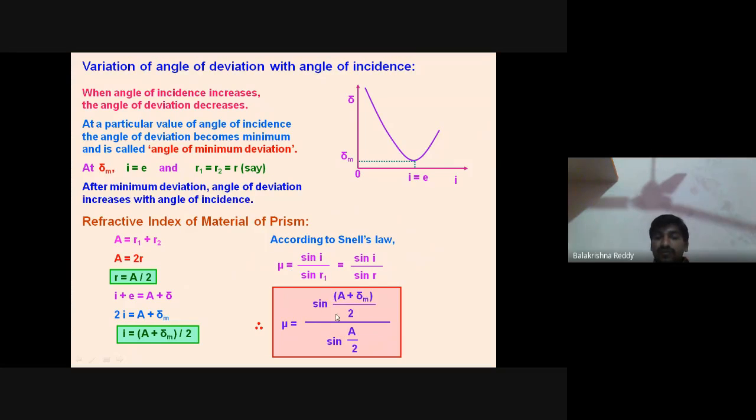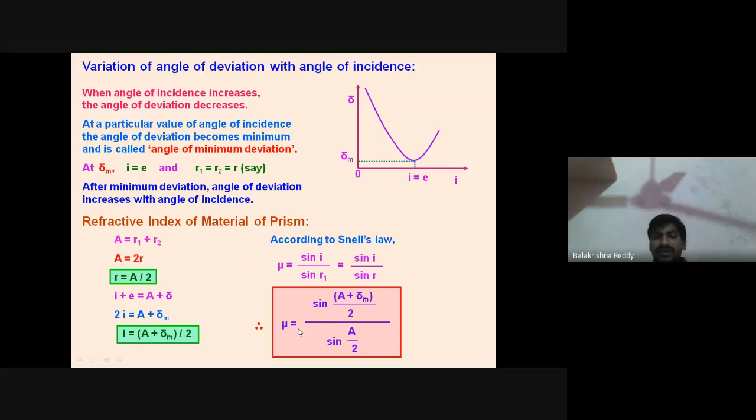Therefore, whatever the angle, we will not take sine or cos or tan, because the prism is very thin and the angle is very, very minute or tiny.